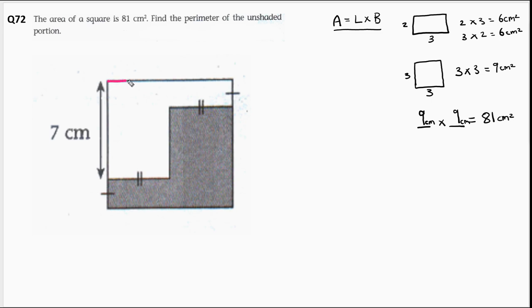We want to know this length plus this length plus this length and this length and this length and this length. We simply need to add them all together, and that is going to give us our answer. So the pink bit is the question mark. That's the perimeter.